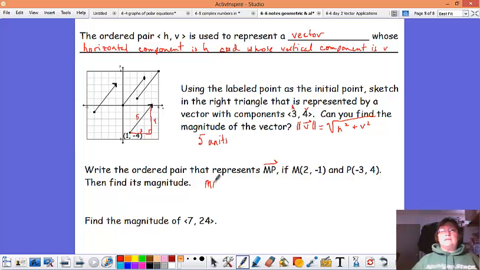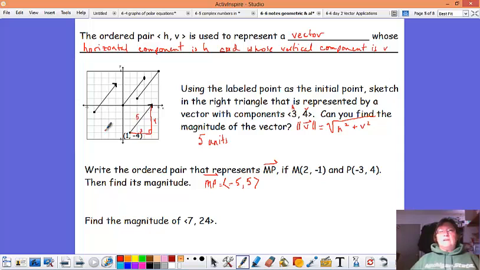Well, that vector MP is equal to, now we are using darts, because to get from here to here, P is the end, so we're going to subtract: -3 minus 2, -5, and vertical minus vertical, 4 minus -1, which is 5. There's the vector that is MP. That would be starting at 2, -1, and then P would be -3, 4, down here.